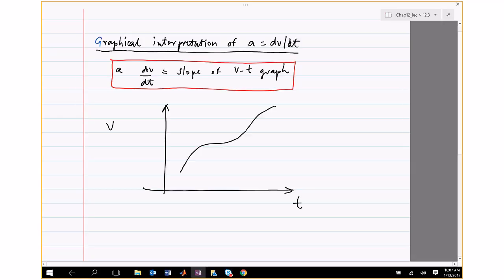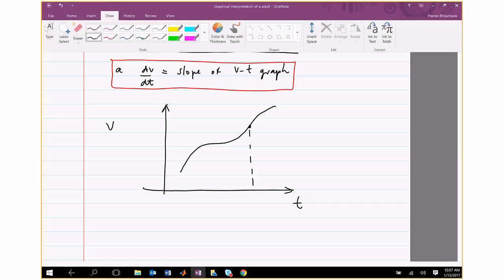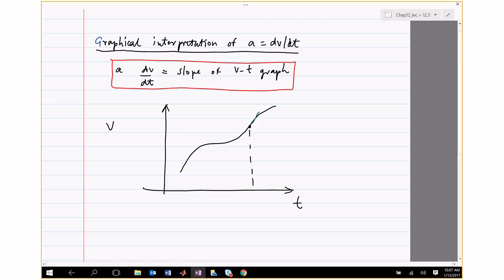So assume that's the velocity time plot. Then what this expression means is that if you want to find the acceleration at some point, then all you need to do is find the slope at that point. So this is the slope, or dv dt. Okay. So if you know the slope, you pretty much know the acceleration.